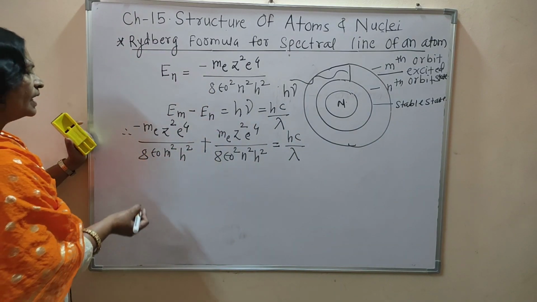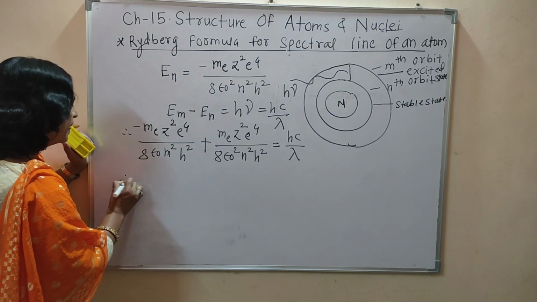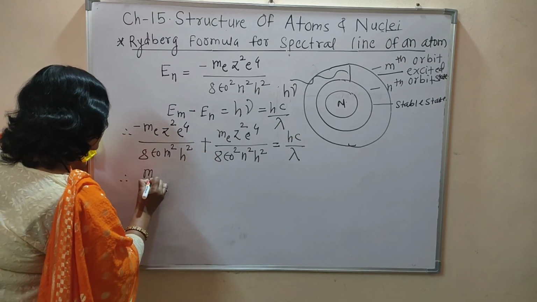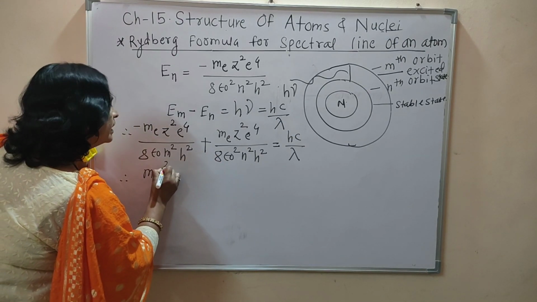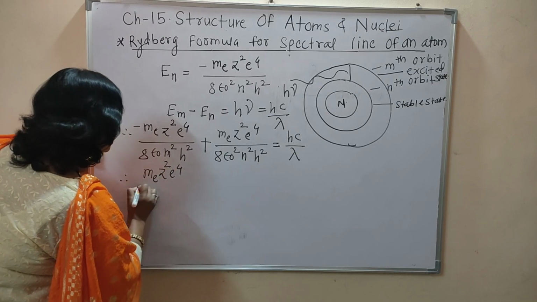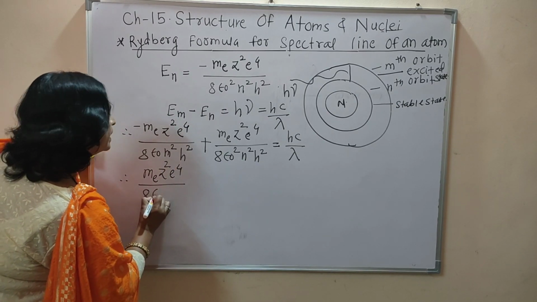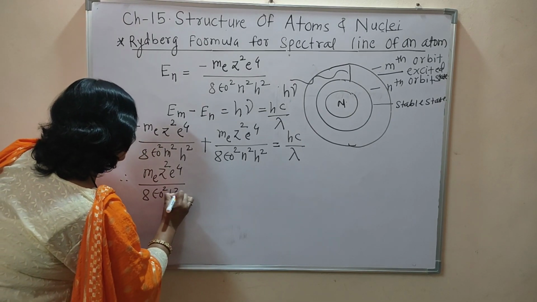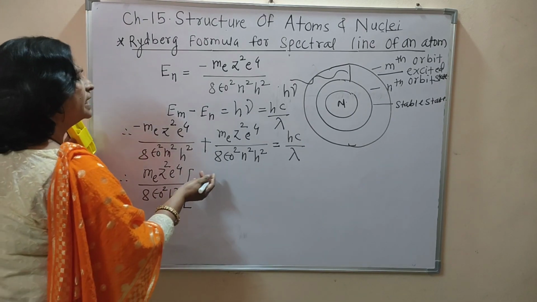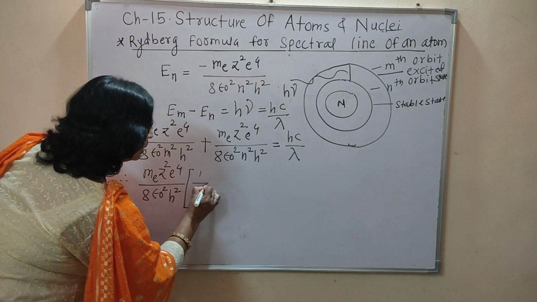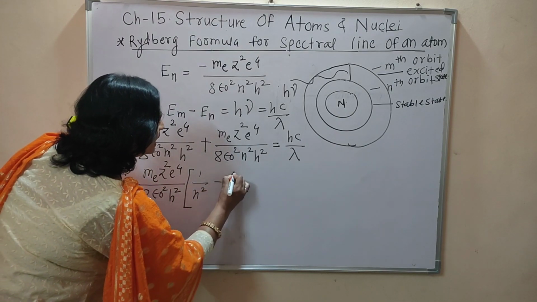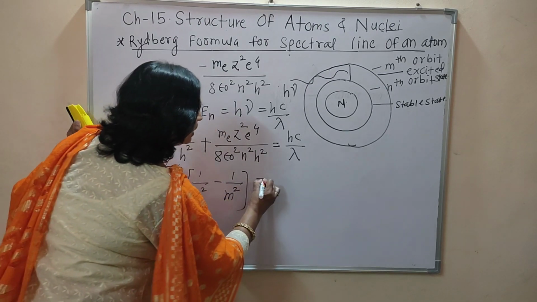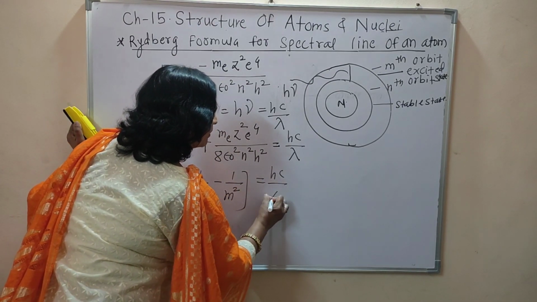Okay. Now next step, if m Z square e raised to 4 divided by 8 epsilon naught square h square is taken as common, inside the bracket we can write 1 by n square minus 1 by m square, and here hc by lambda.